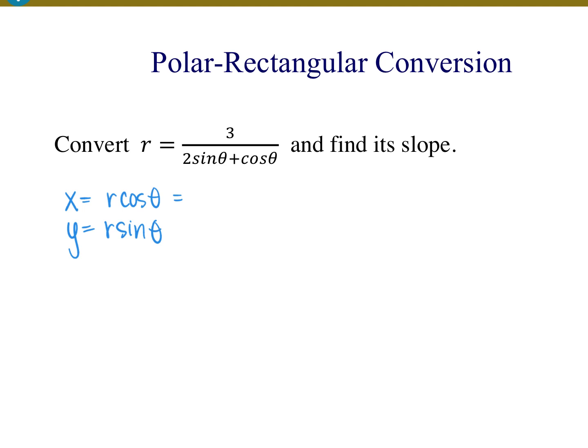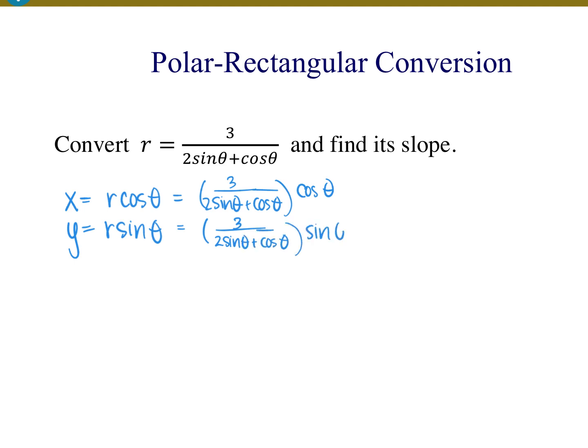So that would be 3 over 2 sine theta plus cos theta, times cos theta, and then 3 over 2 sine theta plus cos theta, times sine theta. And then try and simplify that, which doesn't simplify to anything, and then try and find the derivative. Okay, terrible.